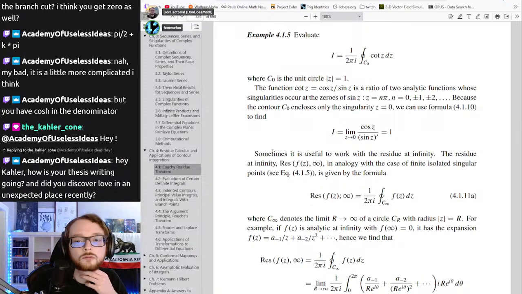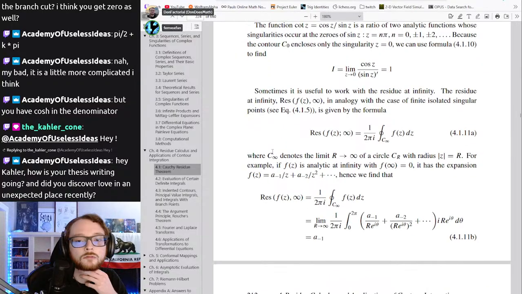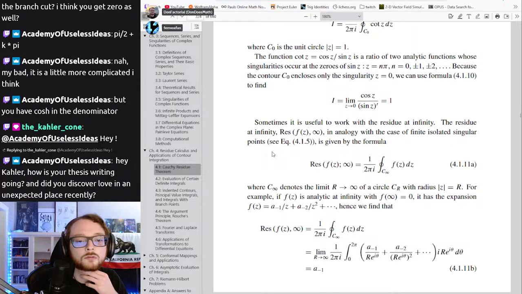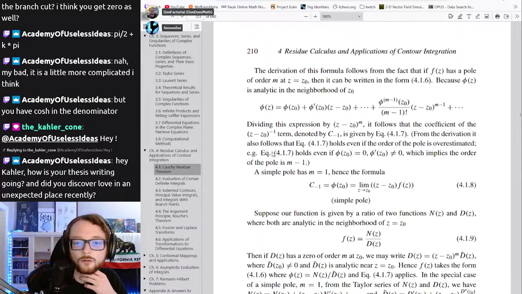Oh yeah, okay, 4.1.8, which is page 210.